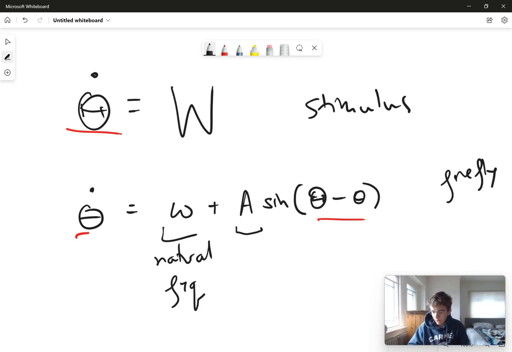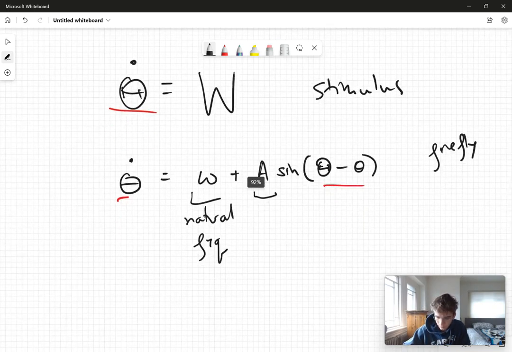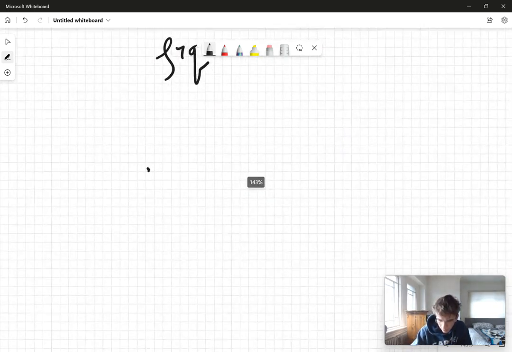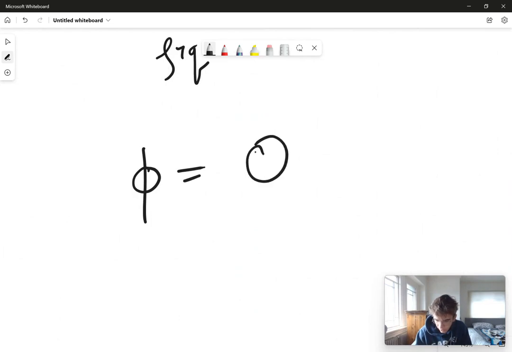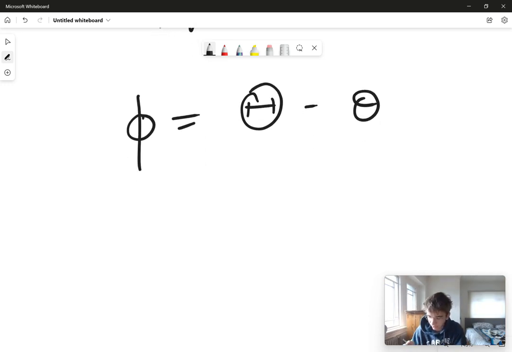All right, so to analyze this system, what we want to look at is how the difference phi, equal to capital theta minus little theta, evolves with respect to time, because we really care about how well the fireflies are able to match their signals with our flashlight. And that's something we can test to see if our mathematical model is correct.